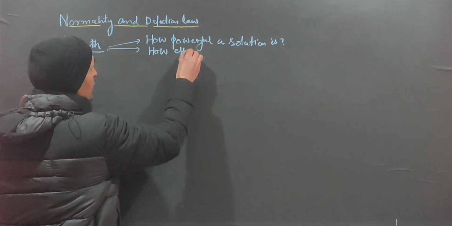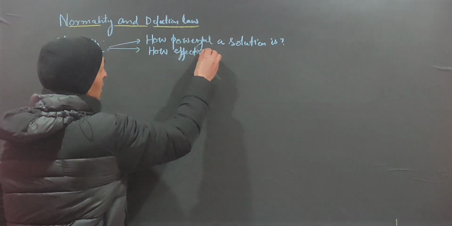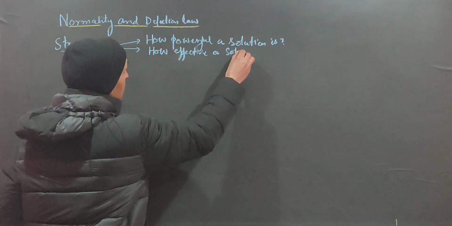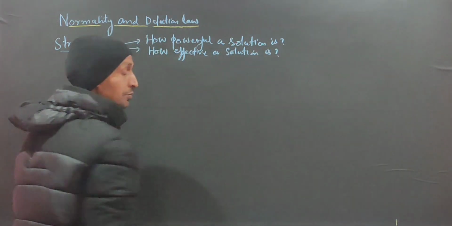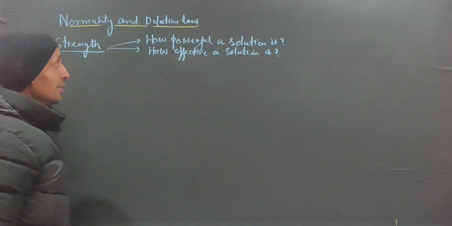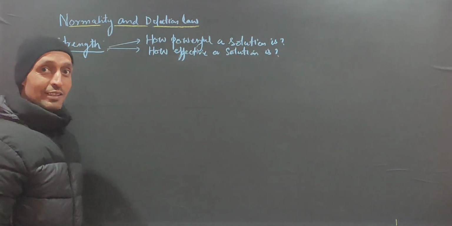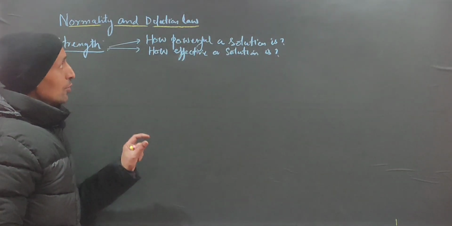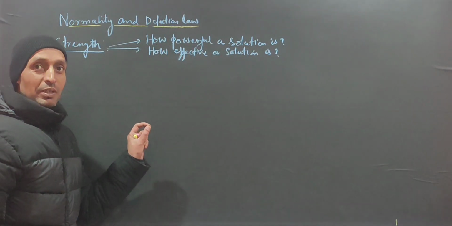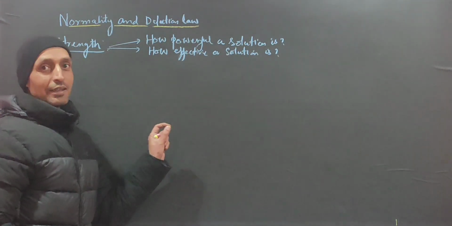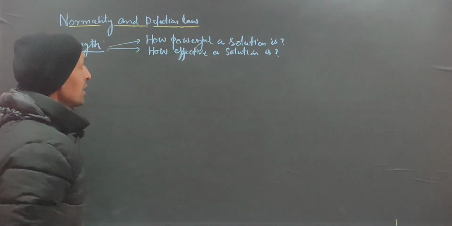Why am I explaining this strength to you? Because I have to derive 2 or 3 things from it, which are very important in understanding normality.